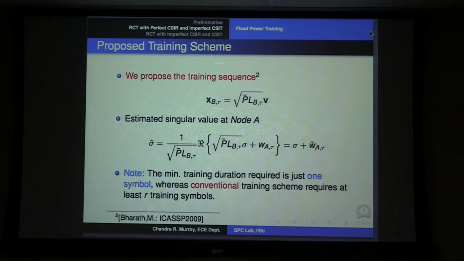Conventional orthogonal training allows you to estimate the entire channel vector, and from that you compute the singular value, and from that you compute the power level. But if you use V as your reverse training signal, you cannot possibly get what H is at the transmitter. You can only estimate the singular value, but that's all the transmitter cares about.